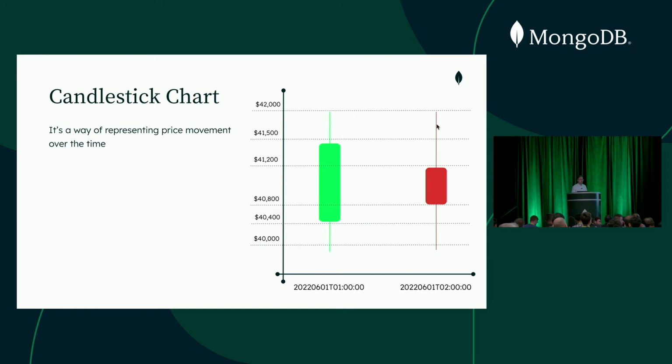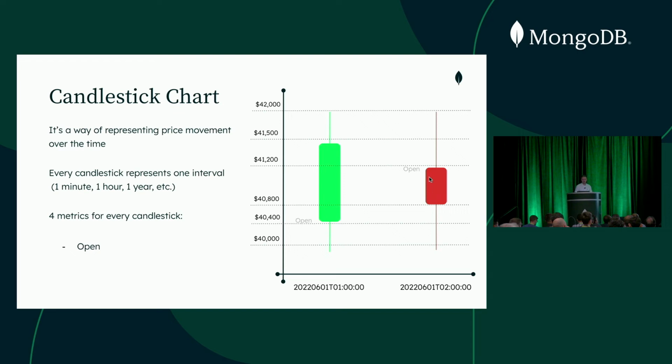There are two candlesticks, and every candlestick represents one interval. For example, this one represents a 1 hour interval from 1 a.m. to 2 a.m. And this candlestick represents 2 a.m. to 3 a.m., okay?